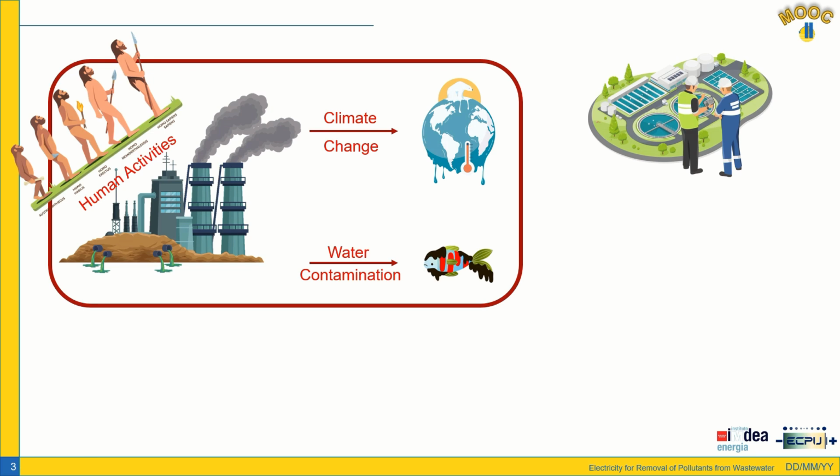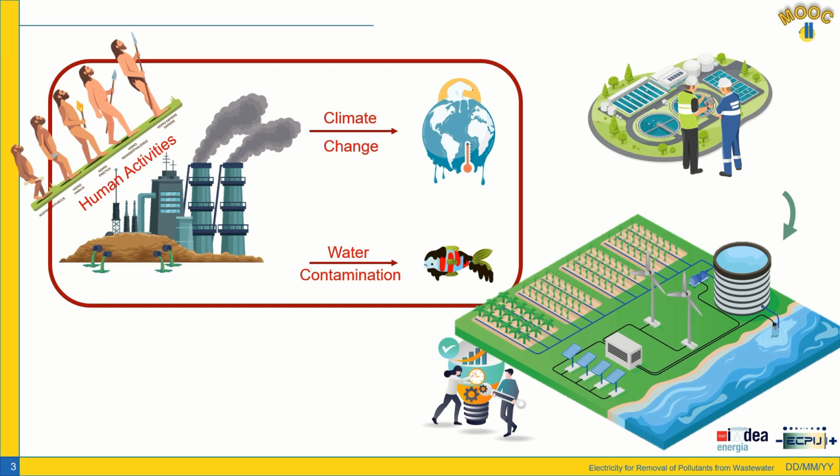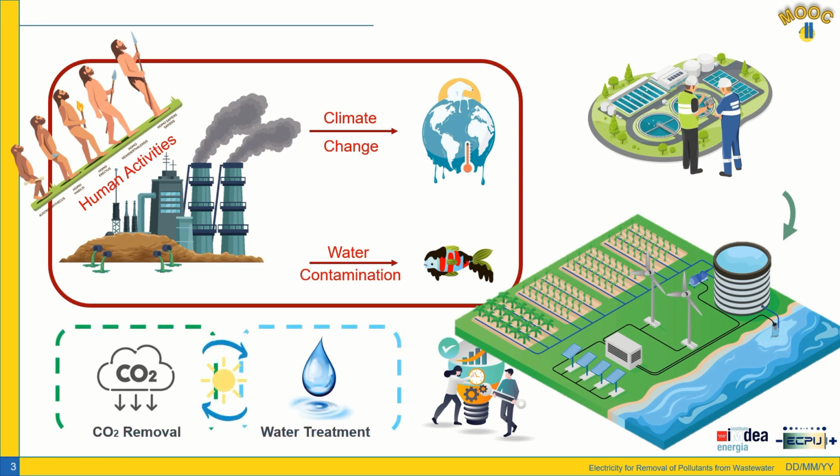With the conventional wastewater treatment plants that we have, maybe we need to do some modifications and evolve to some new systems and improve the current situation, to better wastewater treatment plants, by having a system that can simultaneously remove CO2 from air and do water treatment by only the use of sunlight.